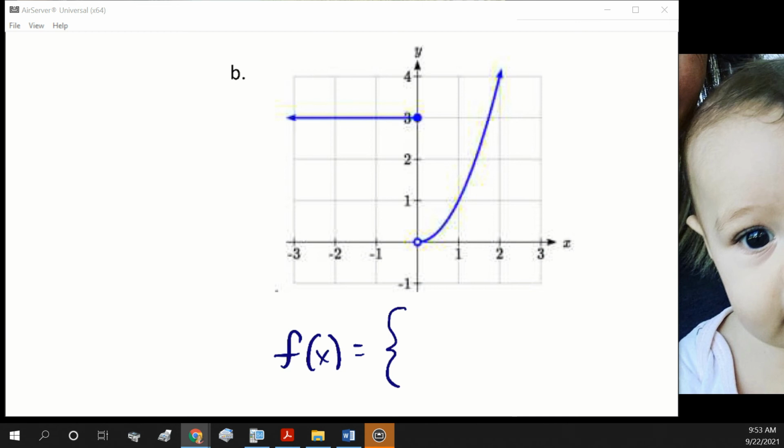All right, so this first piece, what does the function equal on that first piece? 3. All right. And then how would you describe the x's, that domain? Right. Yes, better. Less than or equal to 0.